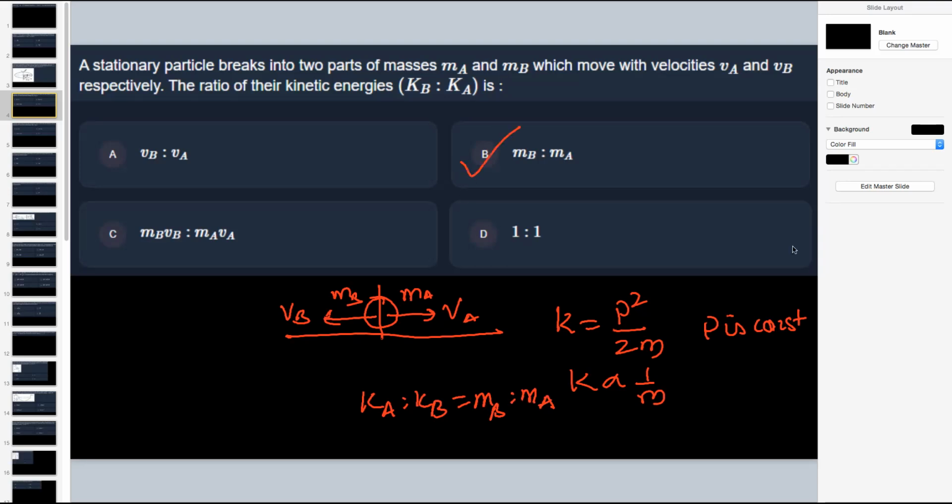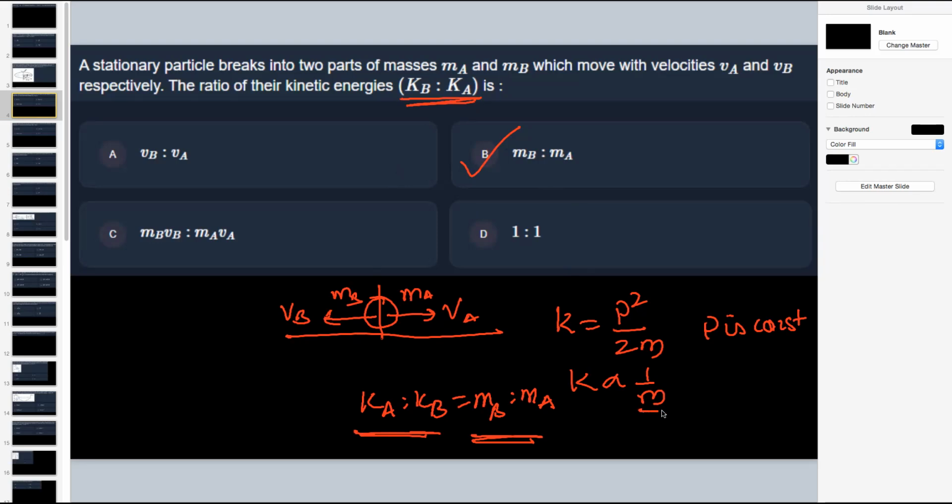Oh, sorry, I have to be very careful. Ka is to Kb is Mb is to Ma. But in the question it is asked Kb is to Ka. Then it is Ma is to Mb. Of course, there is some mistake in the problem.